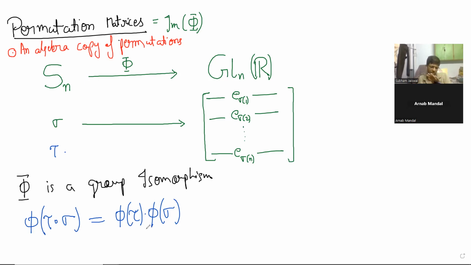So phi of tau is M, and phi of sigma is N. That is M for tau, and this is sigma.